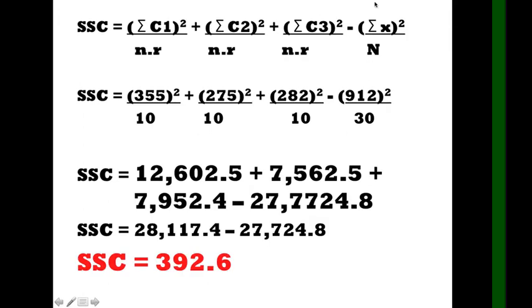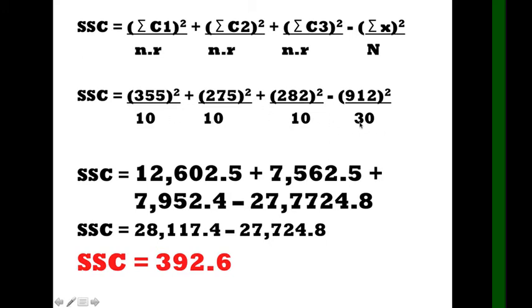In our given, we have 355 as the total of C1, squared, 275 for C2, 282 for summation of C3, and 912 for the summation of x. So we have n, which is 5, times r, which is 2, so 10, 10, 10, and 30 for the total number of respondents. You can check if your answer here is correct by adding all of this.